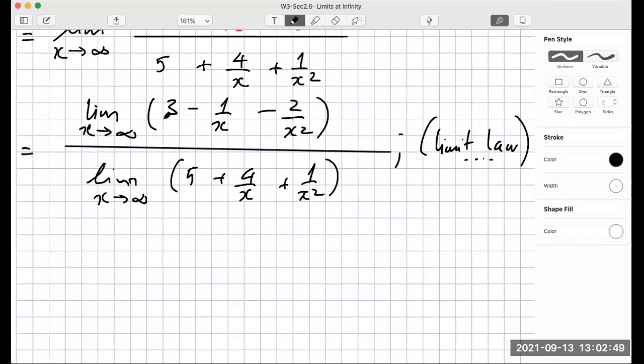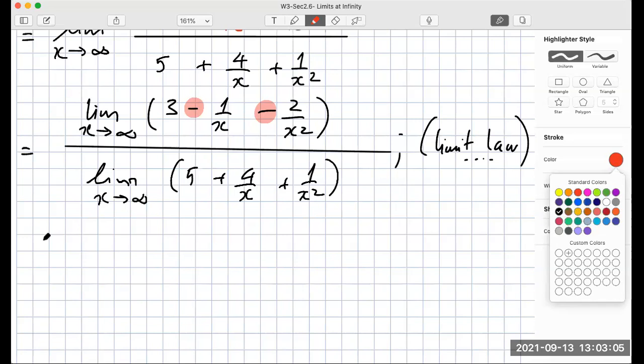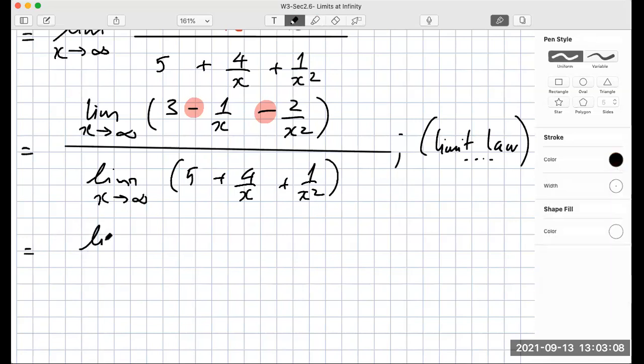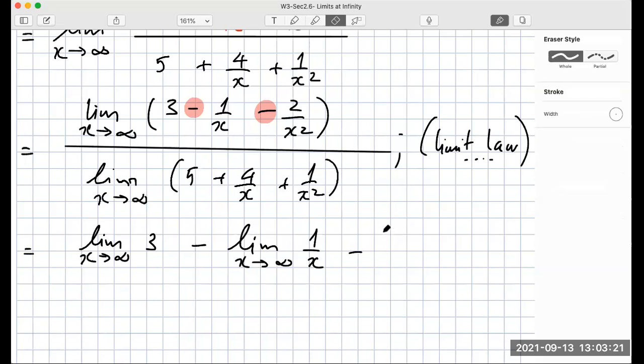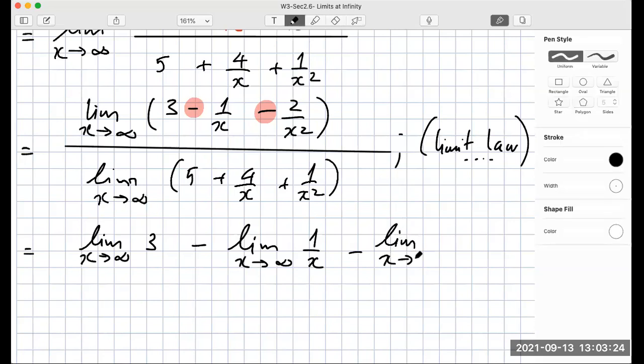What should we do with this? Okay. Here, which limit laws should we use? Very good. Subtraction. It will be the limit when x goes to infinity of 3 minus limit when x goes to infinity of 1 over x minus limit when x goes to infinity of 2 over x squared.